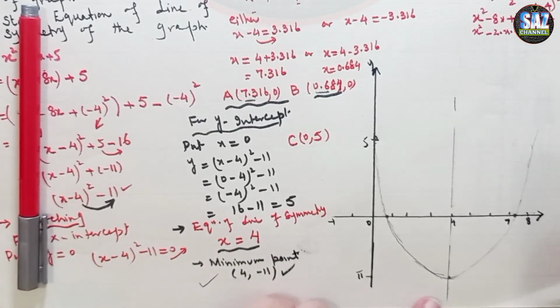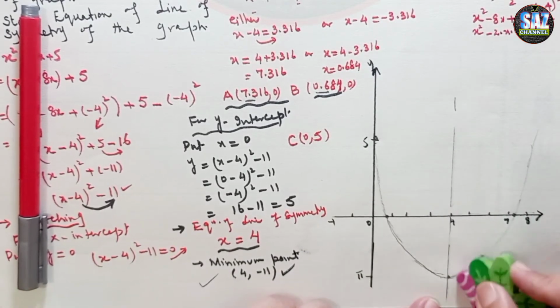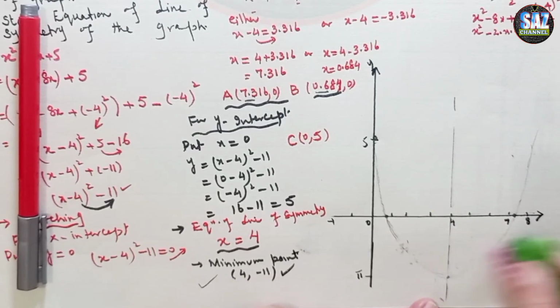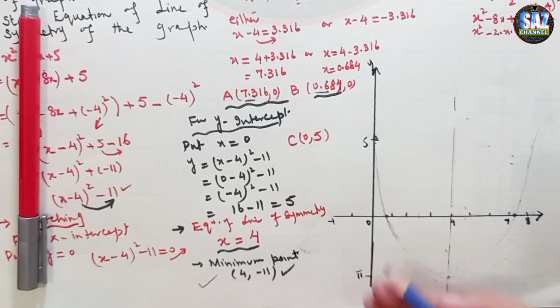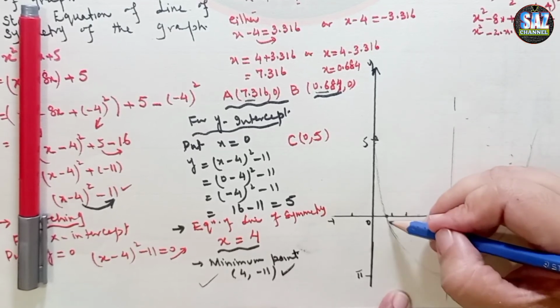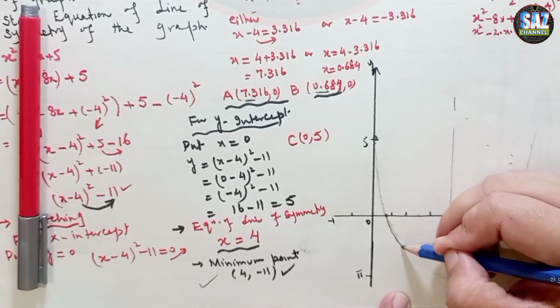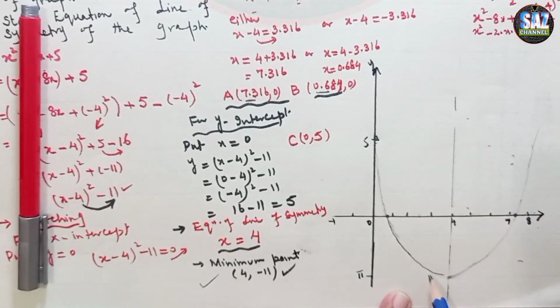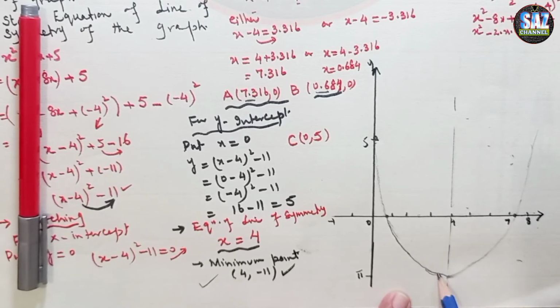Let me reshape from this portion. You can see that in all questions, first I make a rough idea of whether it is giving us a good U-shaped curve or not, and if it's not, then we try to get a good one, and then we go for the sketching with the perfect pen.